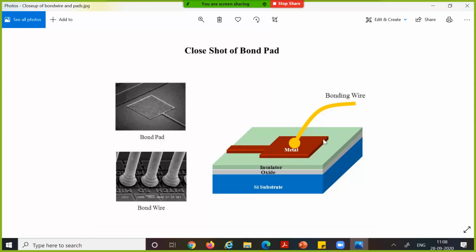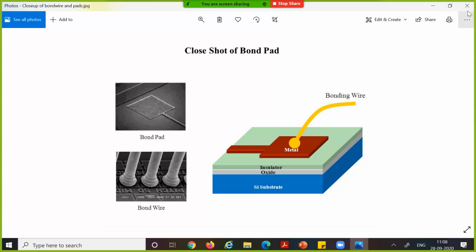This is the IO pad, and the bond wire comes and makes contact with this metal here. So this is an actual, I think maybe a TEM image or a SEM image, I'm not sure which one it is, of a bond pad on a chip. And this is the close-up SEM shot or a TEM shot of the bonding wire making contact with the bond pad.